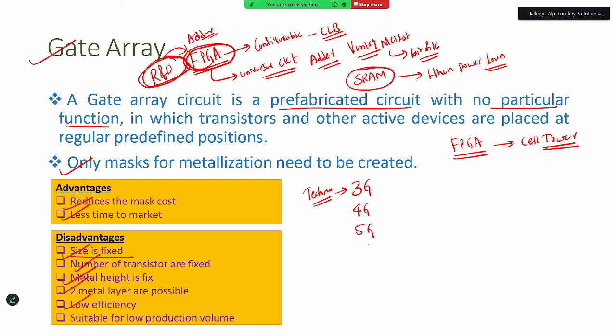After 2 to 3 years, 6G will come. Every time, suppose the tower is using only 3G technology, you can't reinstall the tower every time, no?